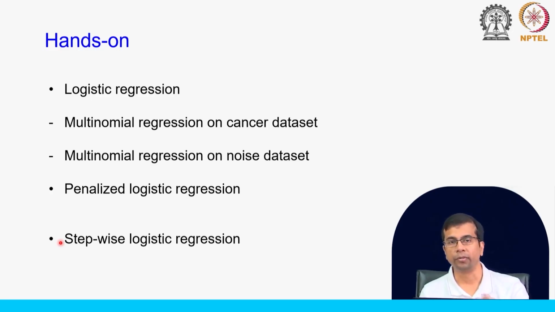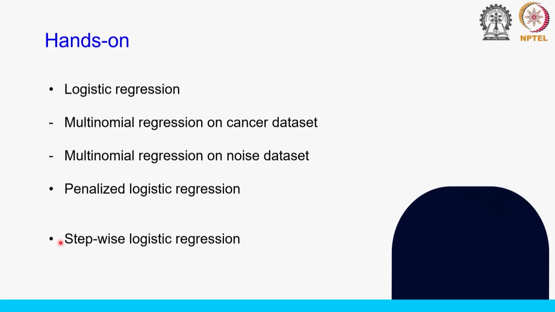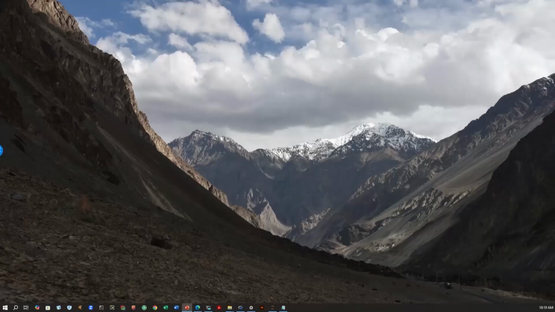With this, let us now move into the first part. In this class we will demonstrate only multinomial logistic regression on the cancer data set and the noise data set. In the next class, we will be talking about penalized logistic regression and stepwise logistic regression, and we will implement those. So, let us move into the R console for the hands on part.